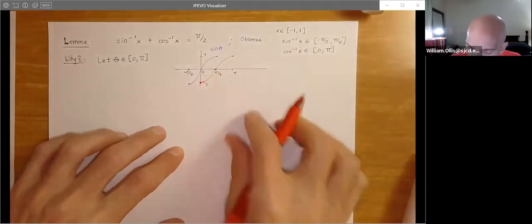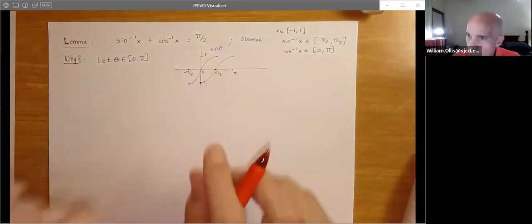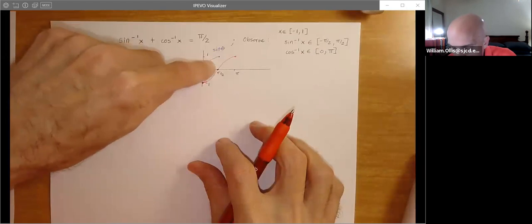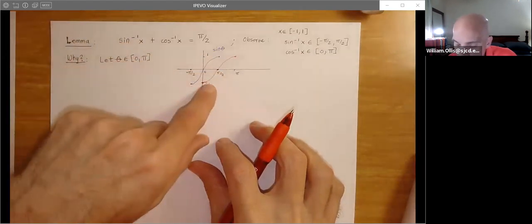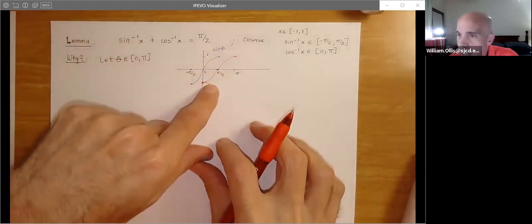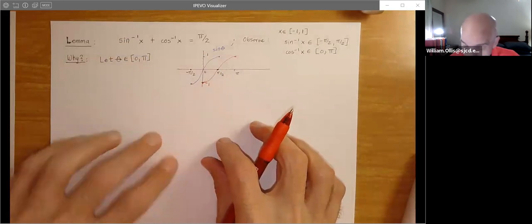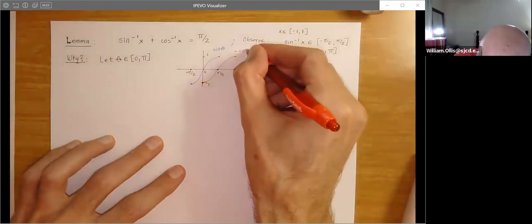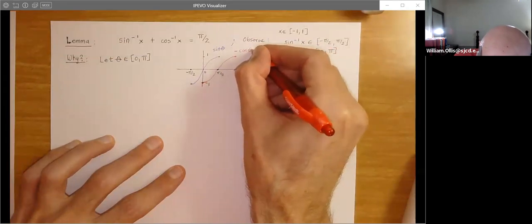Okay, now, what is this function? Well, it's interesting. We think of the cosine, we'll start here and go this way. So what we have generated here is the additive inverse of the cosine. That is the reflection of the cosine in the x-axis. So here we have the negative of cosine of theta.